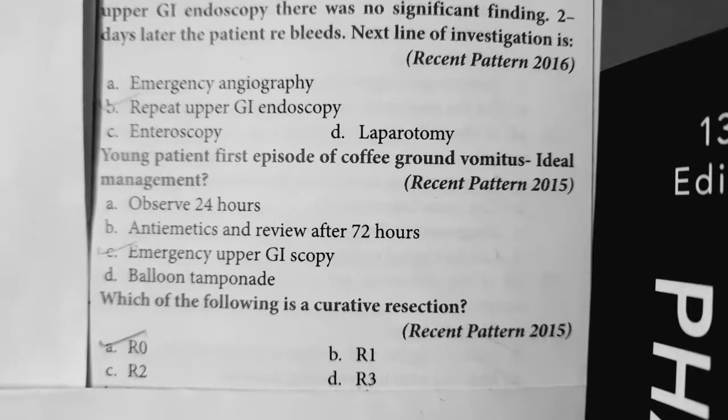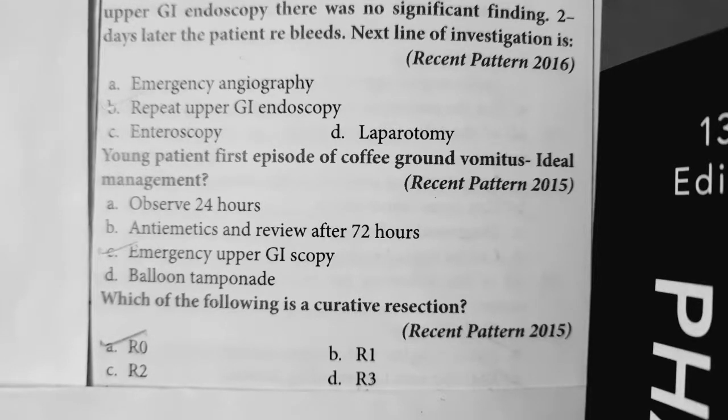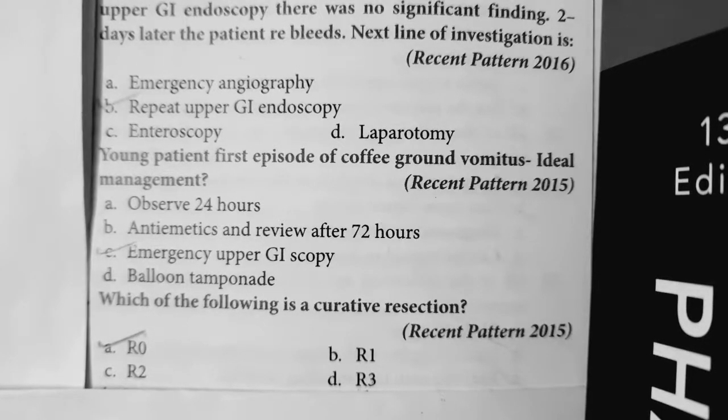Because in R0, the microscopic margin is negative in the specimen, whereas in R1, the microscopic margin is positive in the specimen, whereas in R2, the macroscopic margin is positive in the specimen. So, R0 is the curative resection.